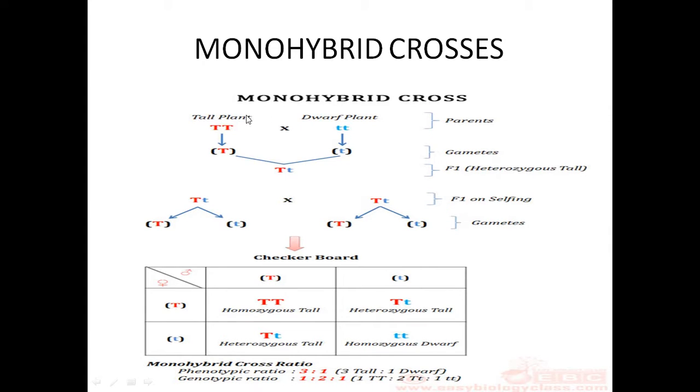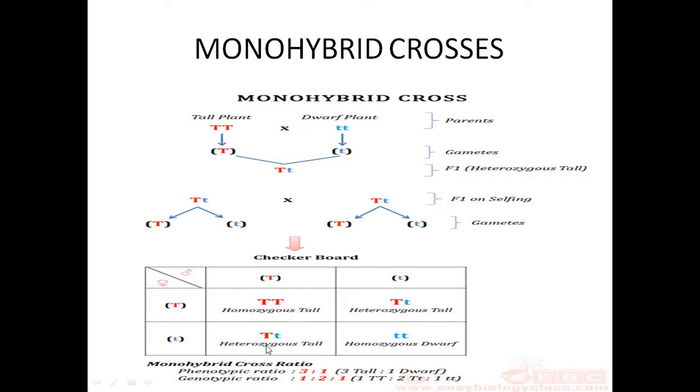Mendel self-pollinated these pea plants with homozygous condition. Capital T, capital T, we call it the homozygous condition, homozygous tall.